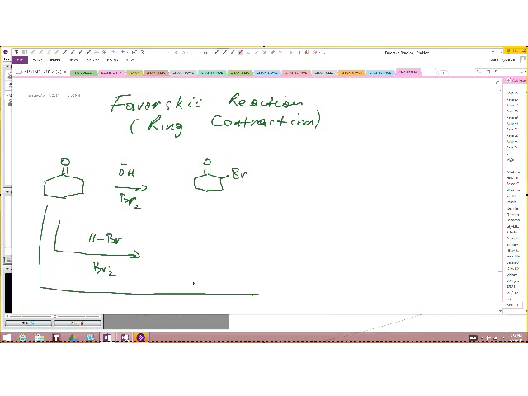Or you could use acetic acid as a source of proton, of course in the presence of bromine. Each one of these will give you the alpha bromo ketone. This will also give you the same product.